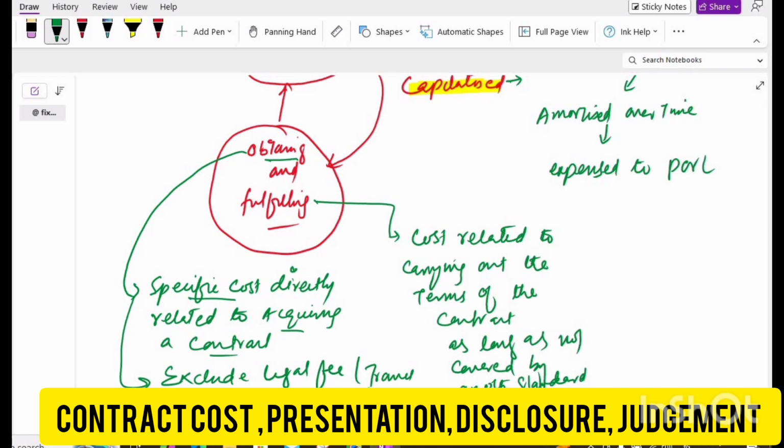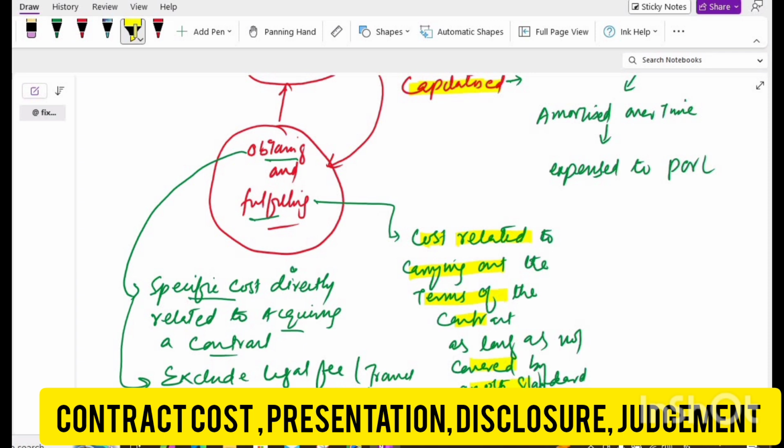So the fulfilling cost is the cost related to carrying out the terms of the contract, and this cost is expected to be recovered, and this is not covered by any other standard.